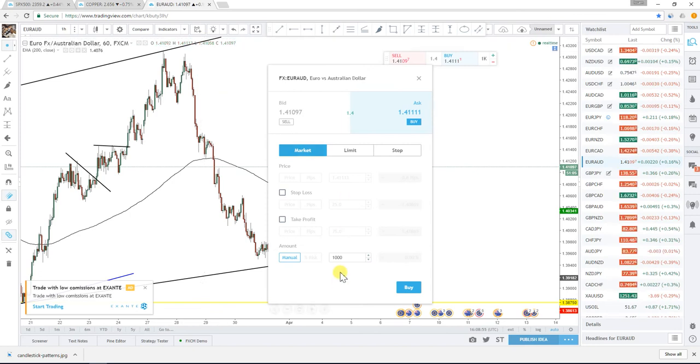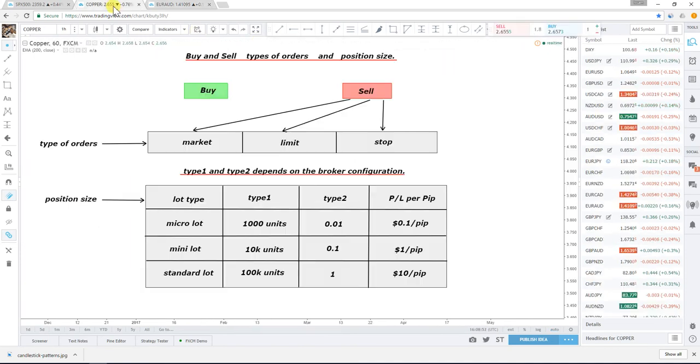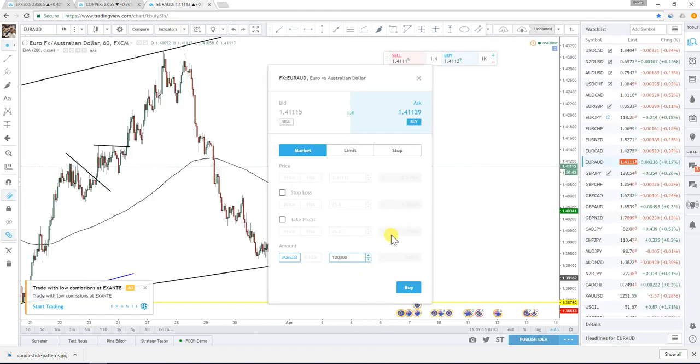But if I open 100,000, it's much bigger. It's a standard lot position, which is 100k units, and in the MT4 configuration it's 1. So the win and loss ratio is $10 per pip. I'm gonna click on buy.